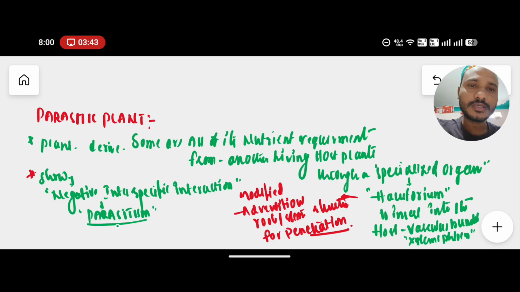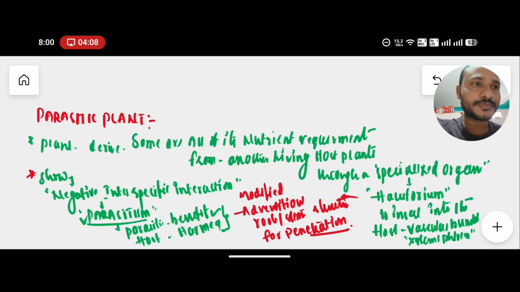It means that one organism, here the parasitic plant, gets benefited and the other organism, the host, is harmed. If one organism gets benefited and another gets harmed, such an interaction is called parasitism. So a parasitic plant has this nature, where parasitic plants get benefited and host plants get harmed.